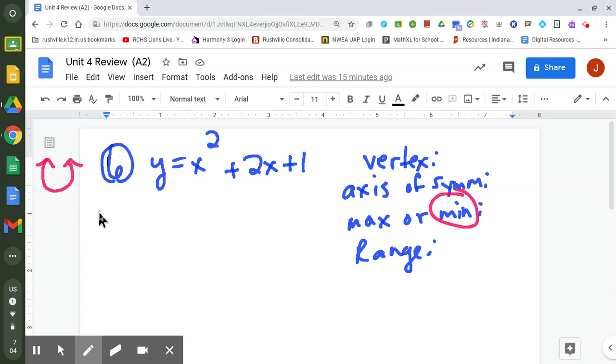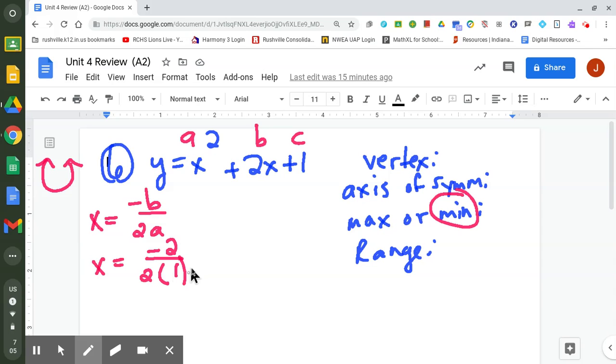You could also do the x equals negative b over 2a. And remember, this is the a, b, and c. So negative b would be negative 2 over 2 times, and then my a is an invisible 1. So negative 2 over 2.